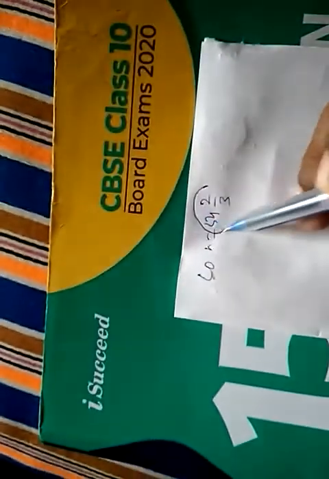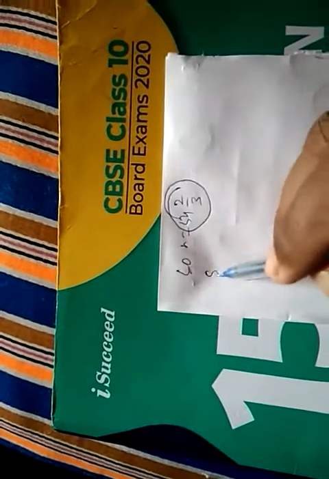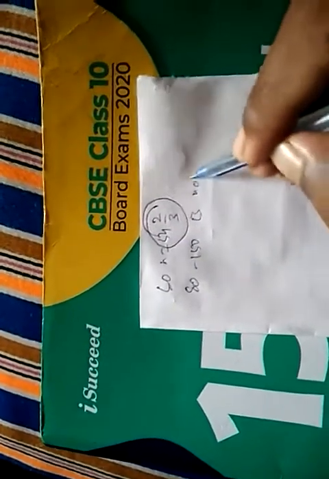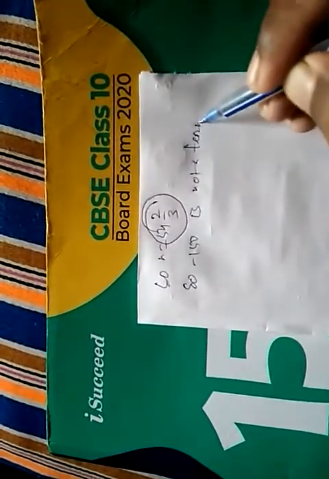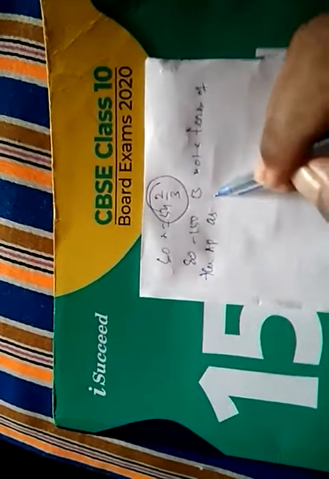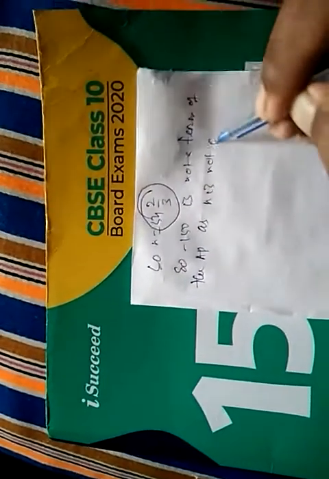So n equals 54 whole 2 by 3. So this is not a natural number. So minus 150 is not a term of the AP, as n is not a natural number.